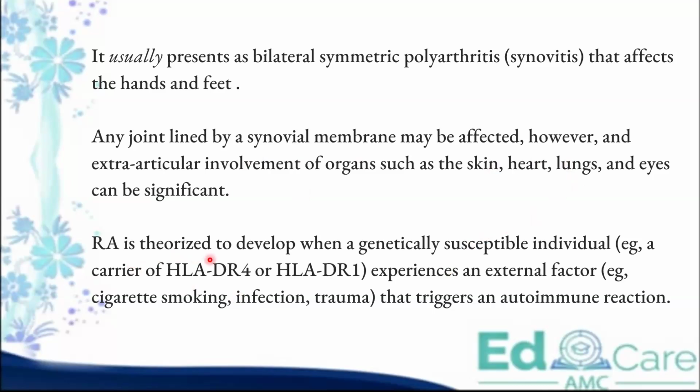Rheumatoid arthritis is theorized to develop when genetically susceptible individuals, that means they have some gene that will predispose them into developing rheumatoid arthritis later in life, provided they are exposed to some triggers like cigarette smoking, infections, like certain viral infections can lead to it. Like currently, we are seeing the whole spread of chikungunya that can lead to long-term arthritis.